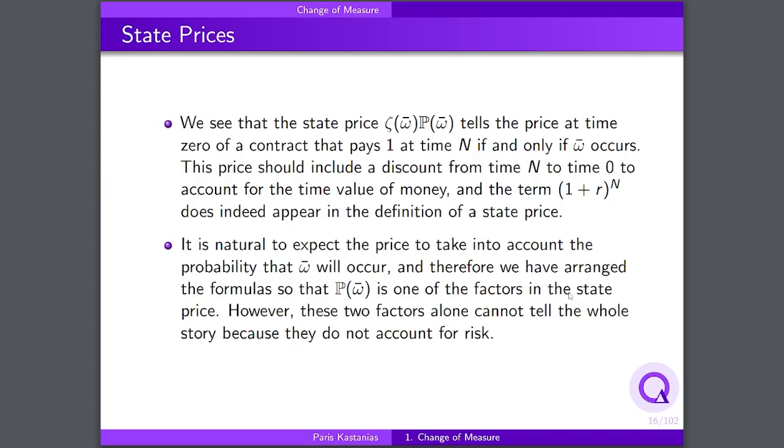It's natural to expect that the price will take into account the probability that omega will occur, and therefore we have arranged the formula so that P of omega bar is one of the factors in the state price. However, these two factors cannot tell us the whole story because they don't account for risk.